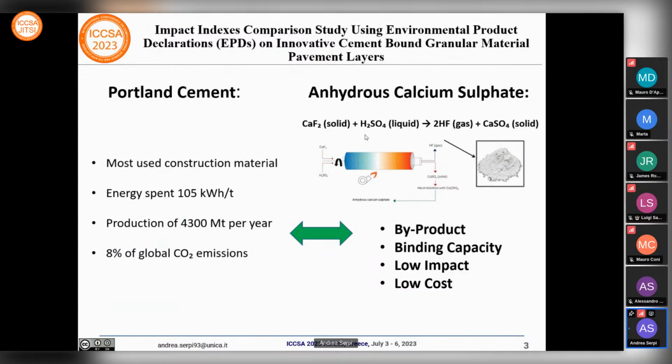This production emits 8% of the global CO2 emission in the atmosphere. On the other hand, we have anhydrous calcium sulfate, a byproduct obtained from the chemical reaction between fluoride and sulfuric acid. We have seen that this material has a good binding capacity, a low environmental cost, low environmental impacts, and a low cost.